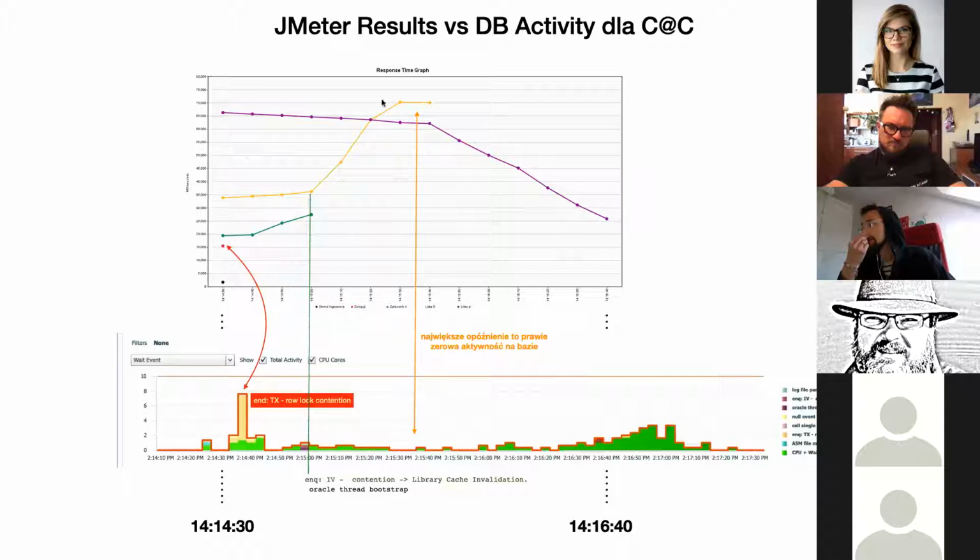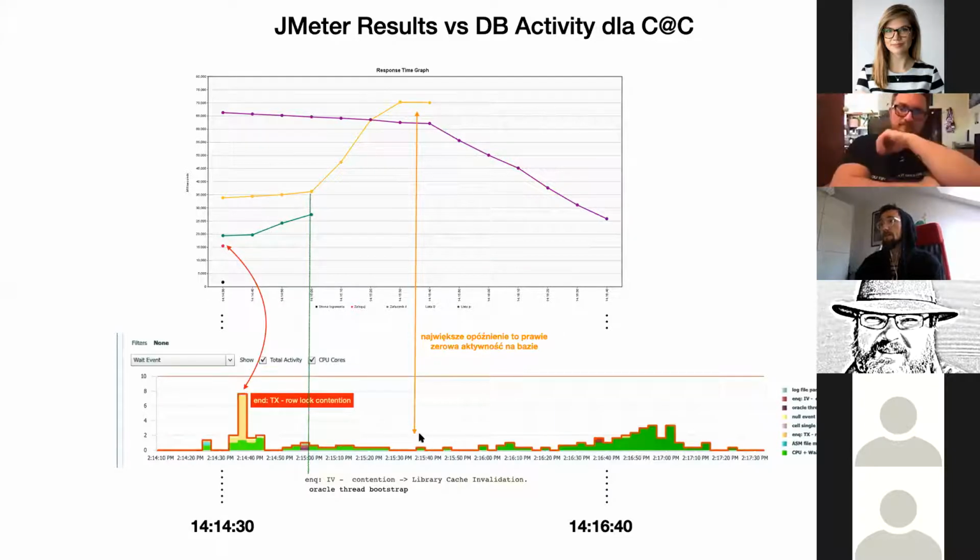But another important thing we can see here is that during the yellow task, the database activity was almost none. From the database perspective, the longer response on the JMeter side which was observed is not correlated with the DB time, with the activity. There was no activity, and the performance was poor.